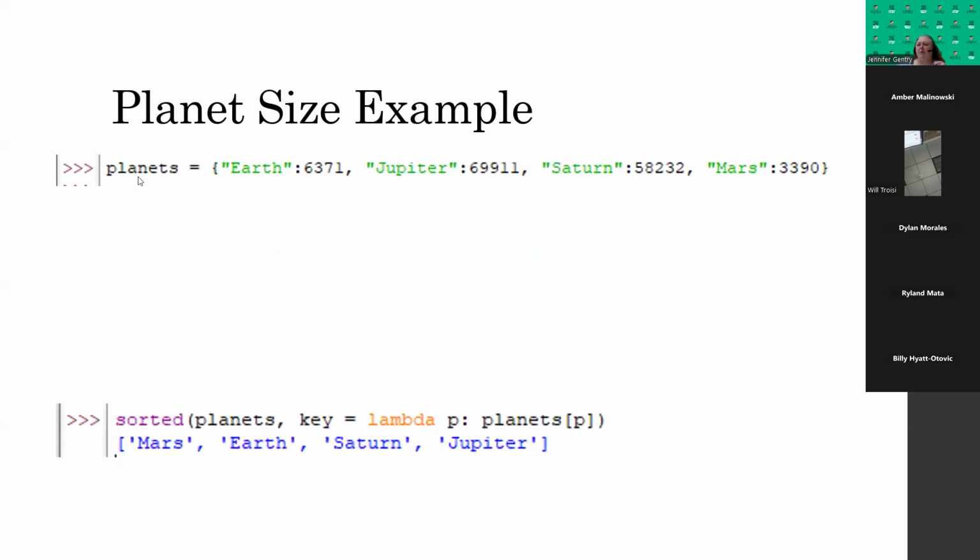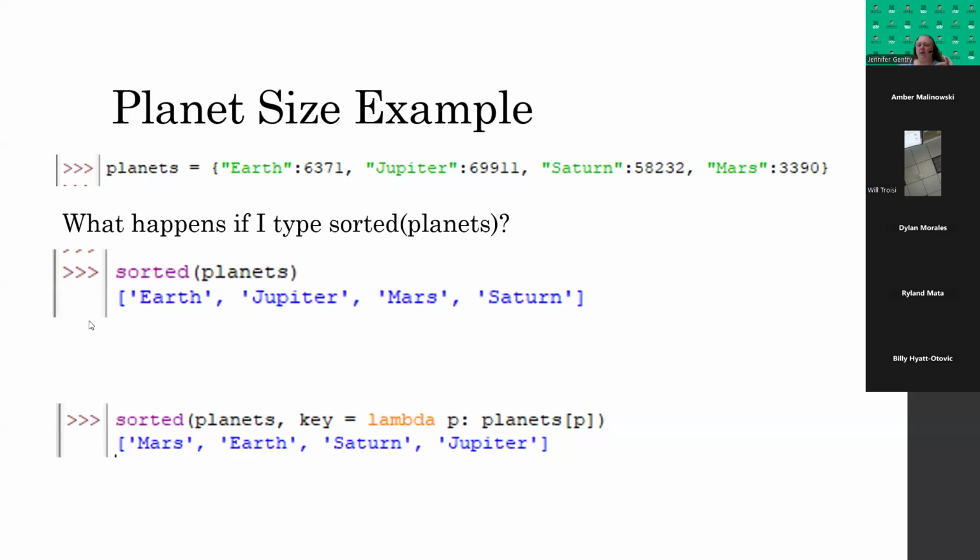Here's another example. I've got planets. I've got my planet Earth, and I've got a size, I guess. I've got Jupiter and another size, Saturn and a size, and Mars and a size. So what happens if I type just sorted planets? Well, it's going to sort them alphabetically. So Earth, Jupiter, Mars, Saturn.